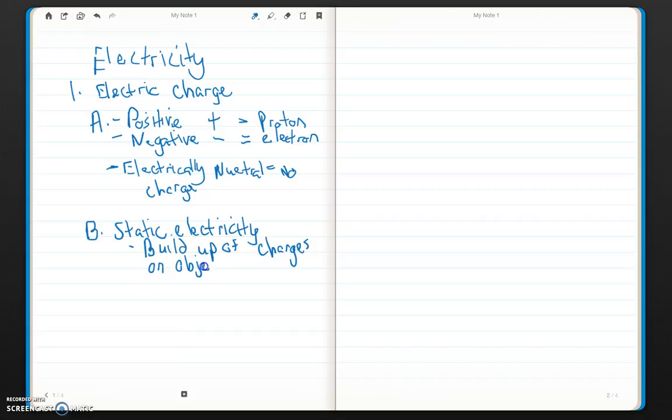Whether it be your hair or your socks or your shirt, it's just a buildup of charges. So we can say that that object has become charged.